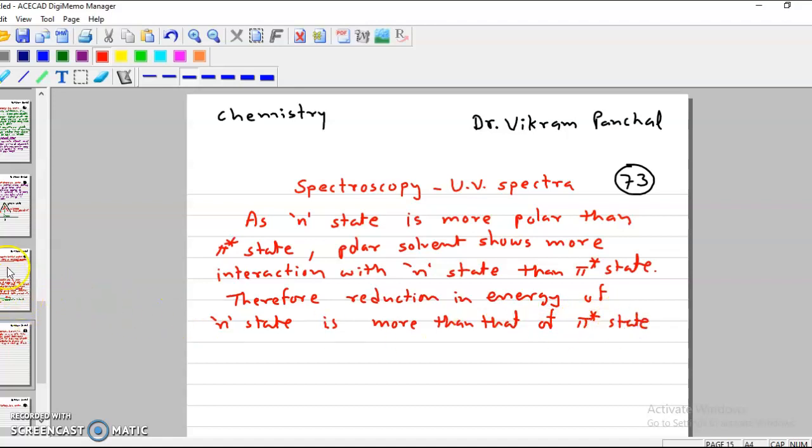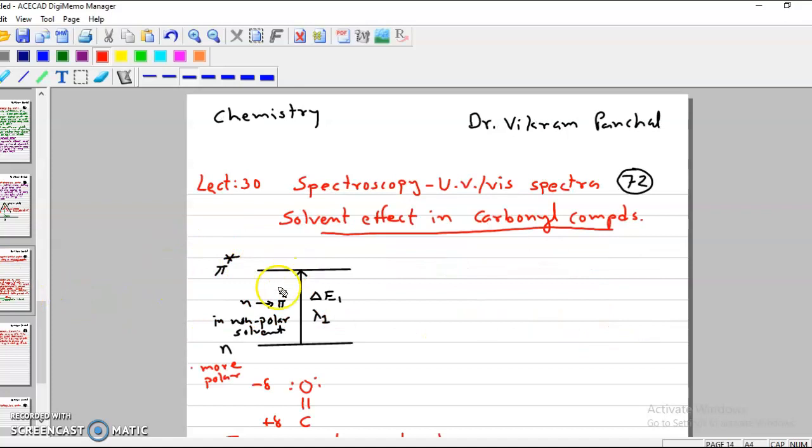So let us see this figure once again. The n state is more polar than the pi star state. So here both states will be reduced and therefore there will be a reduction in energy. Suppose this much is the reduction in the pi star state.